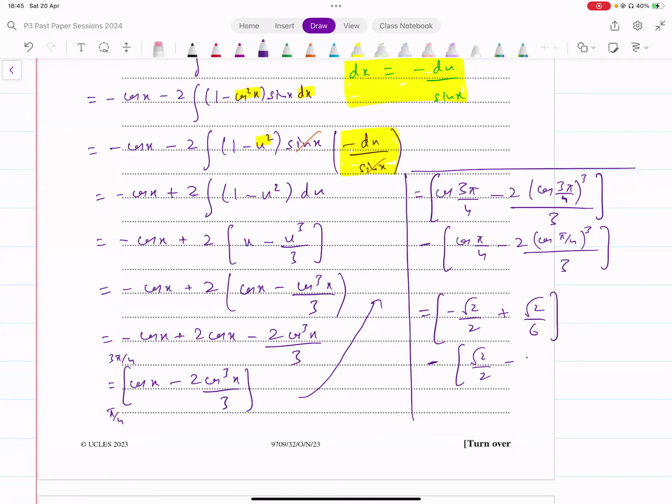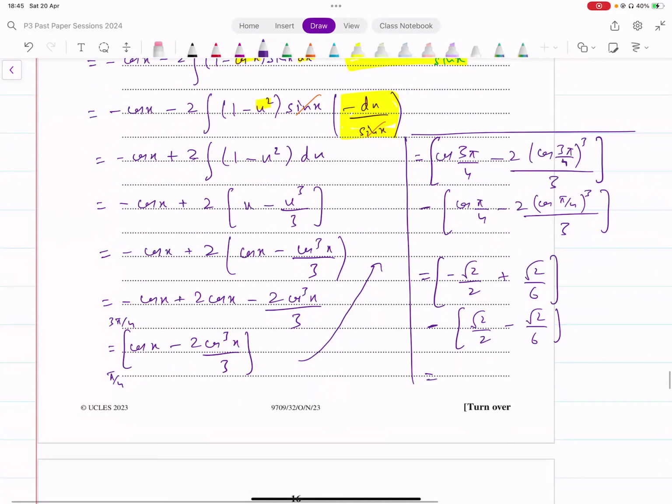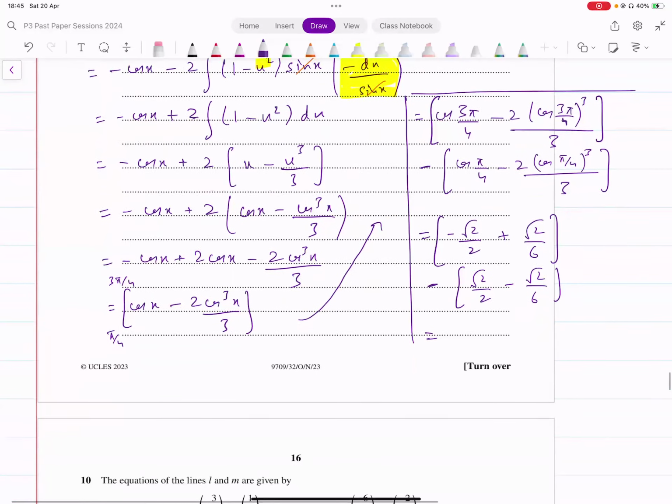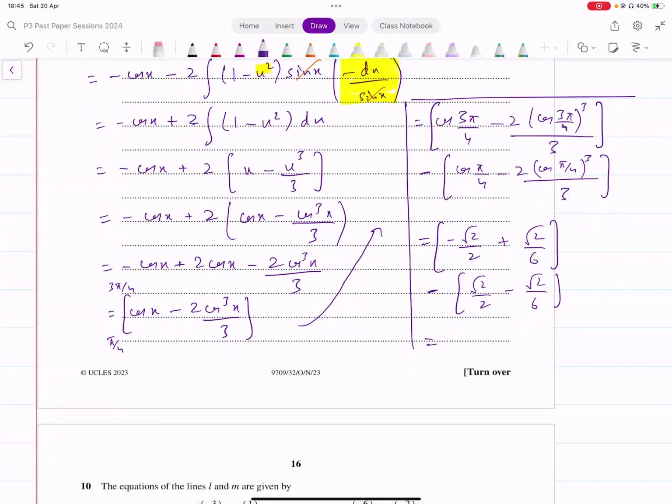And that is minus under root 2 over 6. Let's see what we get from this now. Under root 2 over 6 plus under root 2 over 6. So that's going to give you 2 under root 2 over 6. These two terms are going to get cancelled, are they?